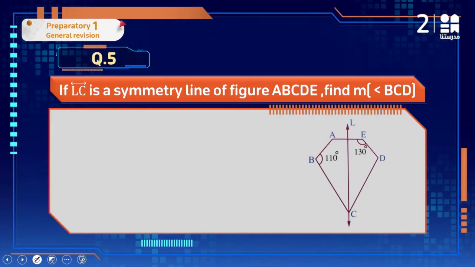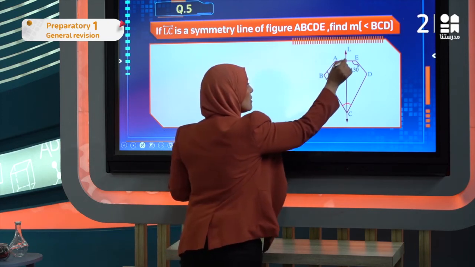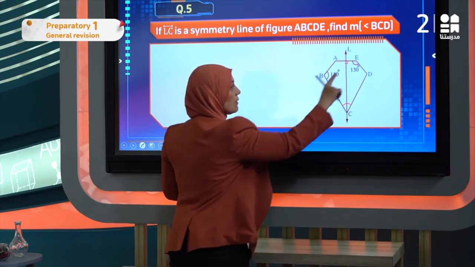If LC is a symmetry line of the figure ABCDE, find the measurement of angle BCD. We need this one. How can we find it? As we know, if we have a symmetry line, that means this angle is 90. And this one is 30.